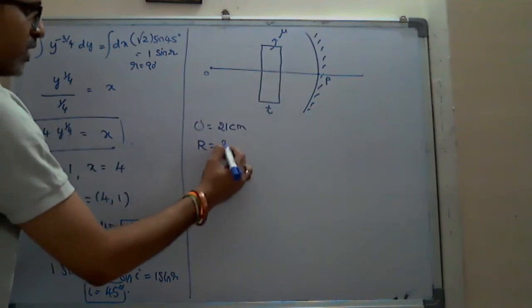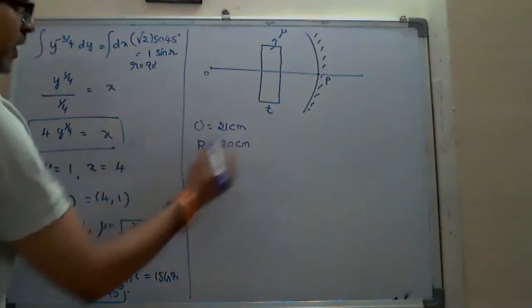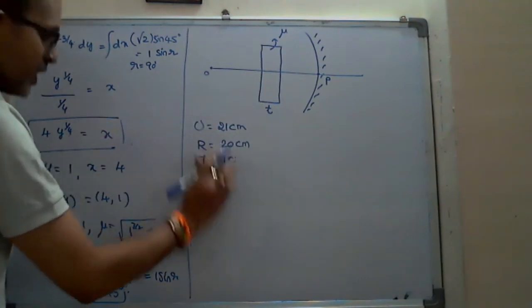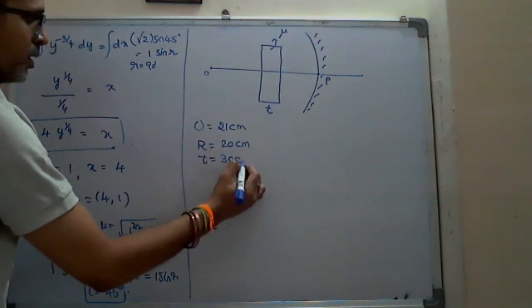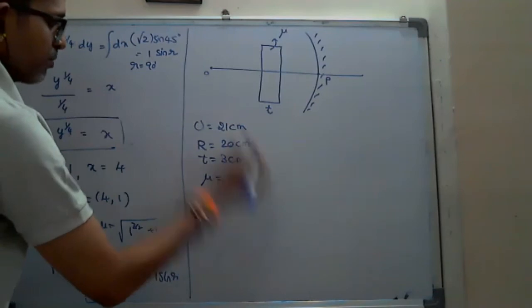The radius of curvature is given as 20 centimeters, the refractive index is 1.5, and the thickness t is equal to 3 centimeters. The refractive index mu is equal to 1.5.